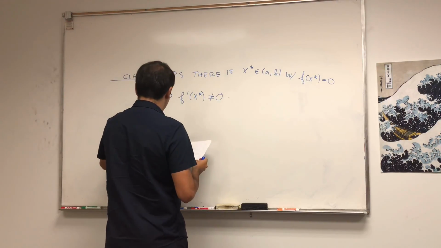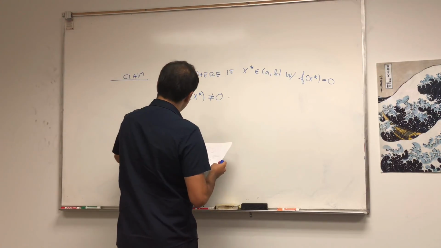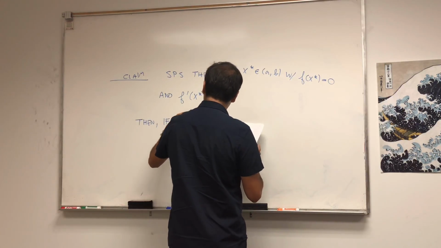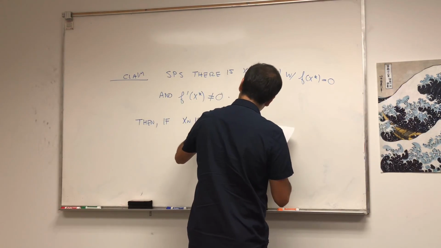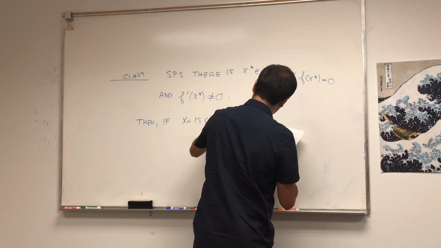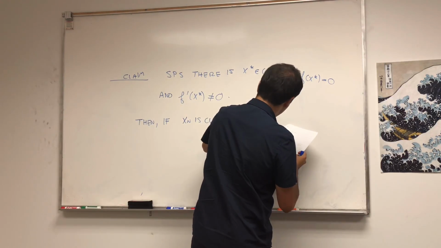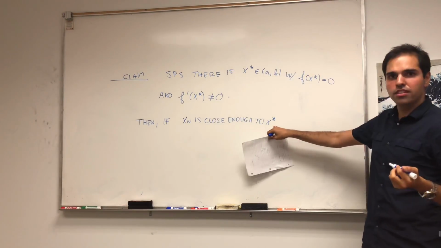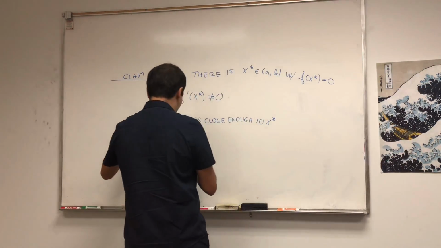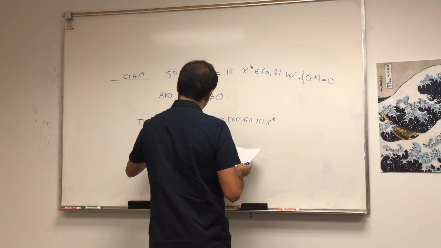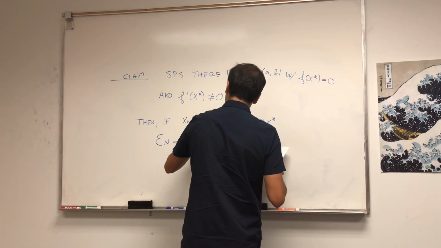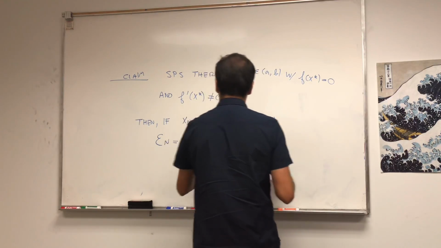Then what I'm going to show is, if you're really close to the solution, so suppose your iterate xn is close enough to x star, and define the error epsilon n to be just the difference between your iterate and your root.